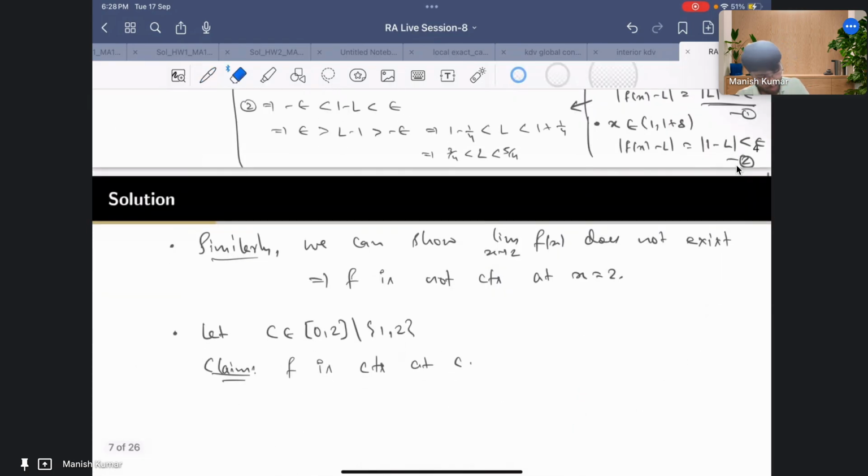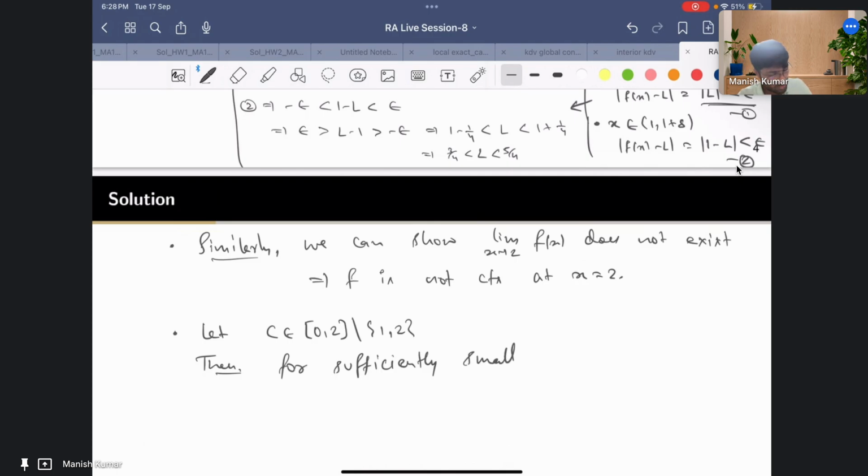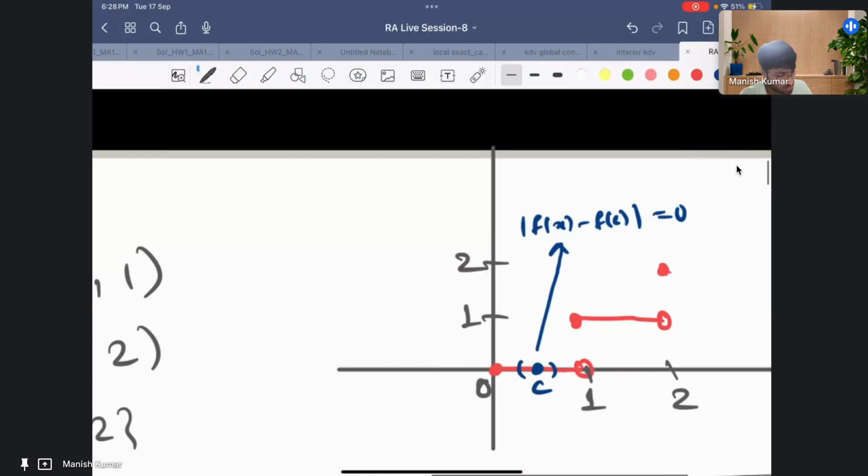So maybe I'll just write one line. Then for sufficiently small delta, I'm writing it roughly but you can understand. Why am I writing sufficiently small? So that this point does not cross 1.